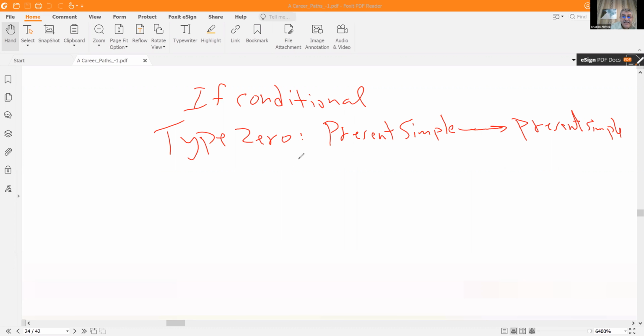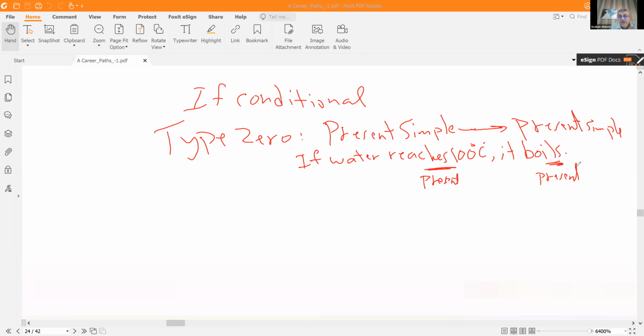So we say if water reaches 100 degrees Celsius, it boils. So if water reaches, this is present, boils, present.